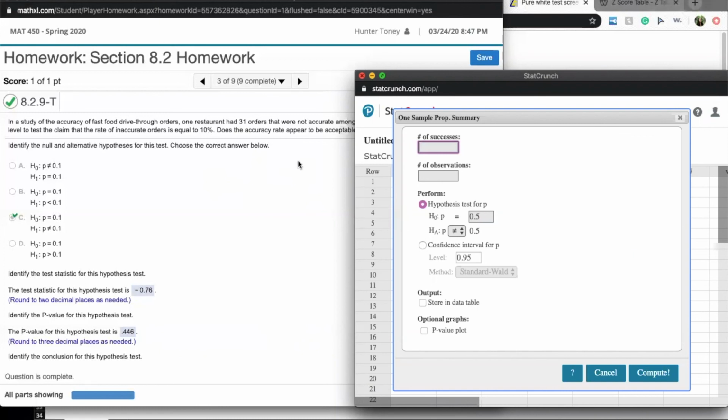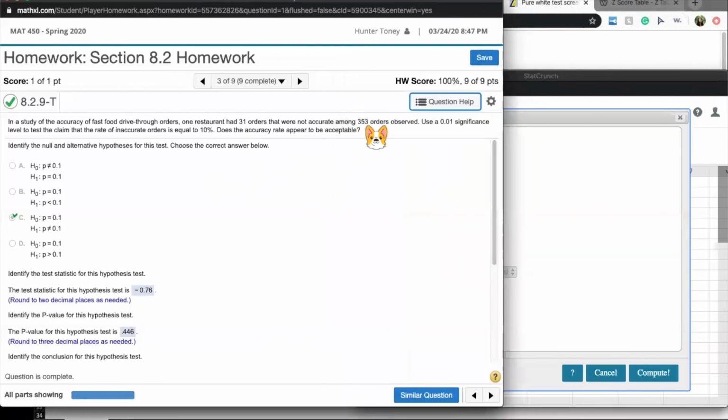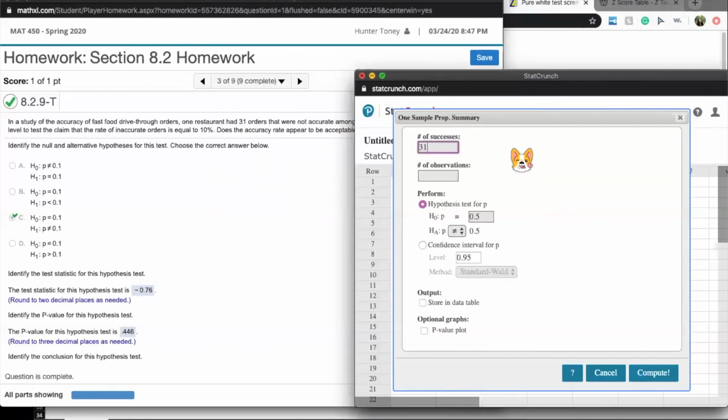For my problem, I had 31 orders that were inaccurate among 353 that were observed, so my number of observations would be 353. And then we want to make sure we change our hypotheses, because we're changing both, to match our problem. So we were looking for it to be equal or not equal to 10%.